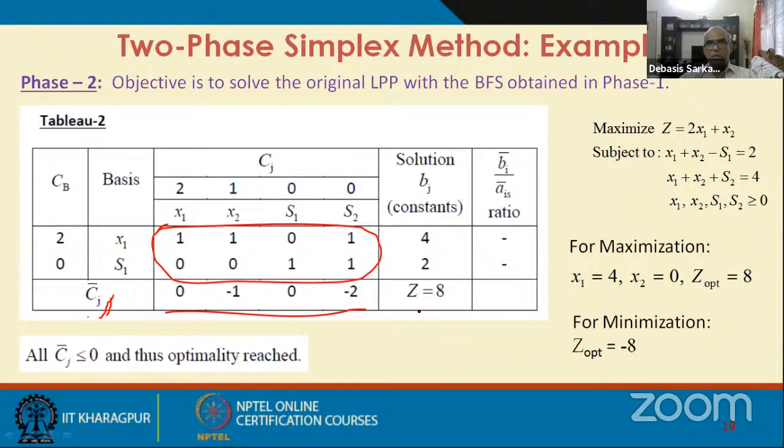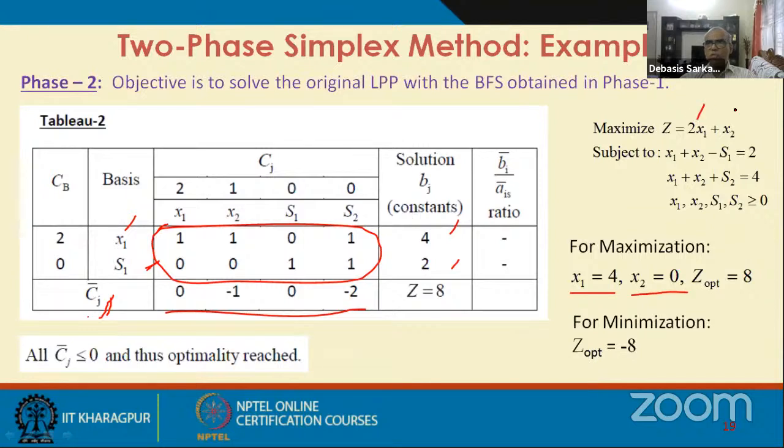So x1 equal to 4 and s1 equal to 2. That is the introduced variable, and basically x2 equal to 0. In terms of the solution over x1 and x2, x1 equal to 4 and x2 is a non-basic variable, x2 equal to 0 is the solution.